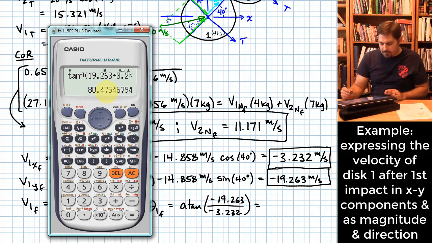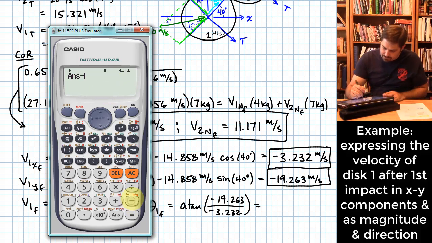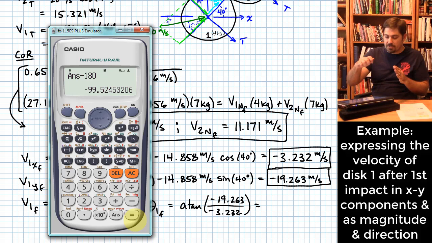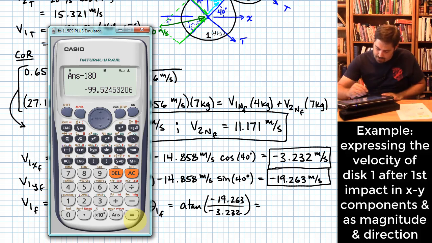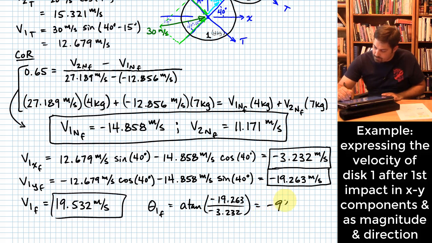80.475. If I subtract 180, it gives me what it actually is, which is kind of 99 degrees clockwise from the x-axis. So I'll say that in here, minus 99.52 degrees, because I checked the quadrant.